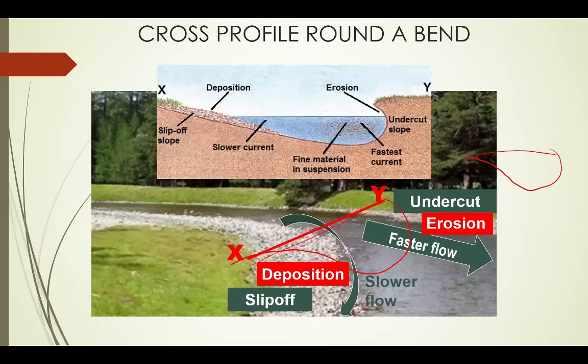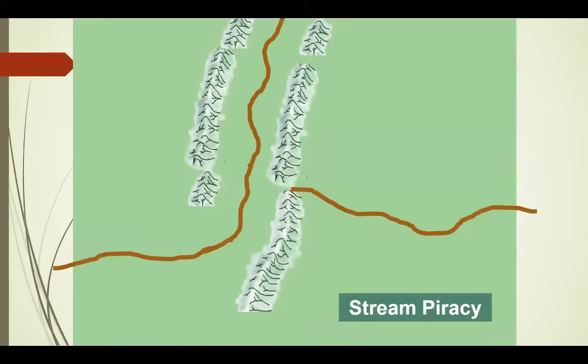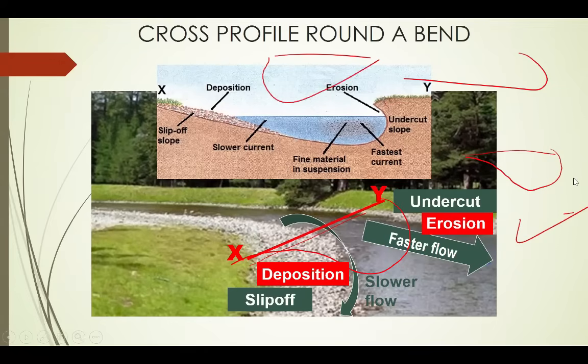If the river was bending in the other direction, then your Nike tick will face a different direction. That is your cross profile through a meander.